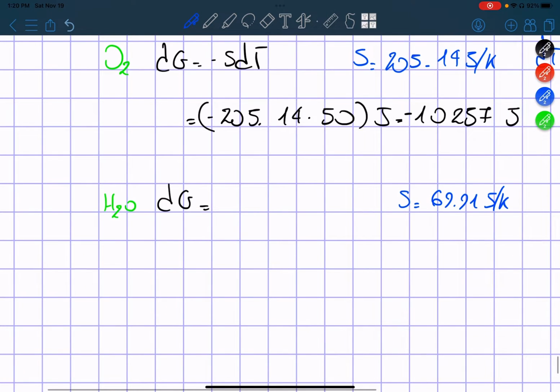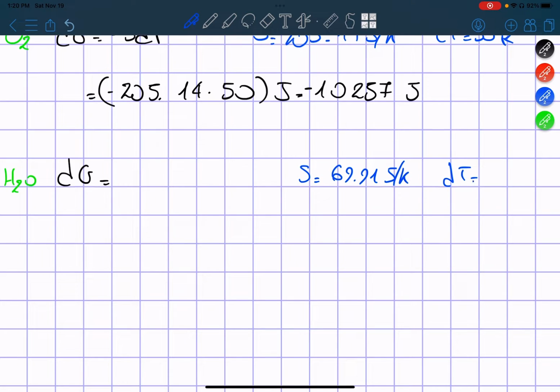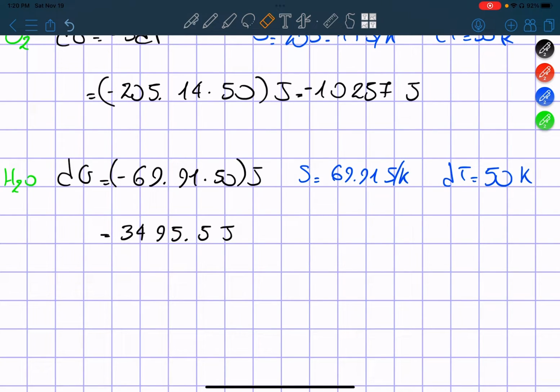And again, our dT is equal to 50 Kelvin. So again, we have negative 69.91 times 50. Everything will be measured in joules. So plugging into the calculator, 69.91 times 50 is equal to 3,495.5 joules.